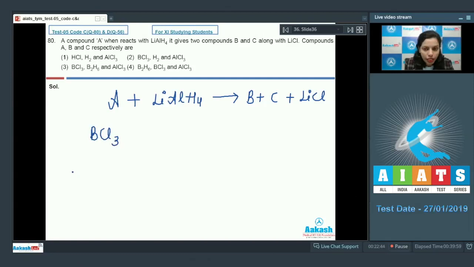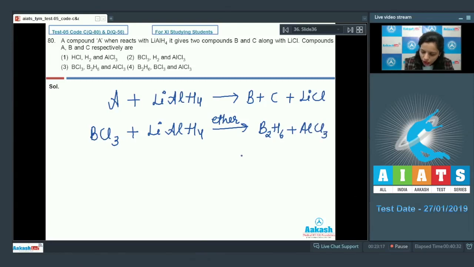A is BCl3, boron trichloride. When it reacts with lithium aluminium hydride, I'm writing the complete reaction here. This reaction occurs in the presence of ether, and there is the formation of B2H6, that is diborane. Along with that, there's the formation of AlCl3, and lithium chloride is also formed.